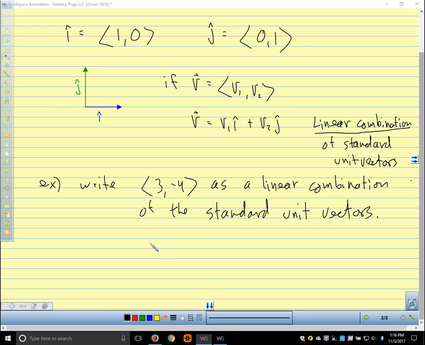And what that means is we can write <3, -4> equals 3 i hat minus 4 j hat. Those two notations mean exactly the same thing. This is kind of standard mathematical notation. This is more what you would see in a science class, in physics class. But they mean the same thing.